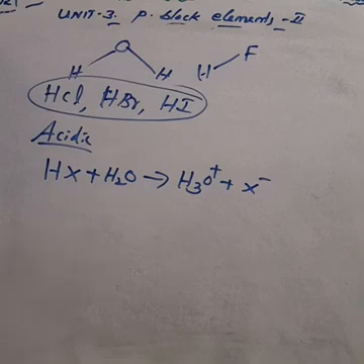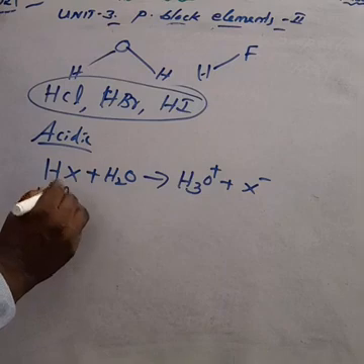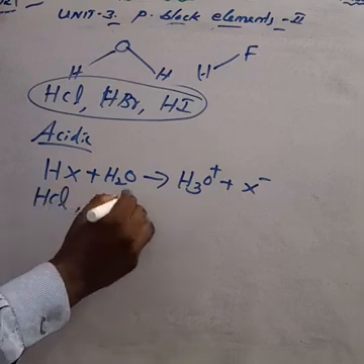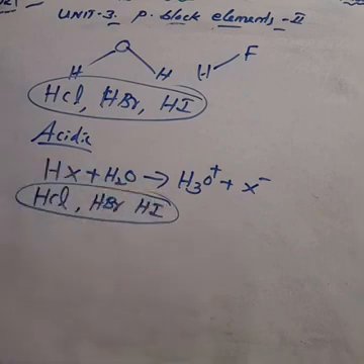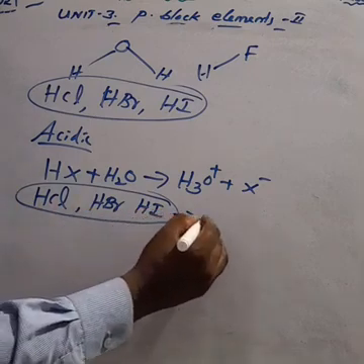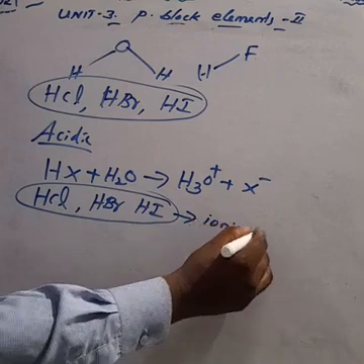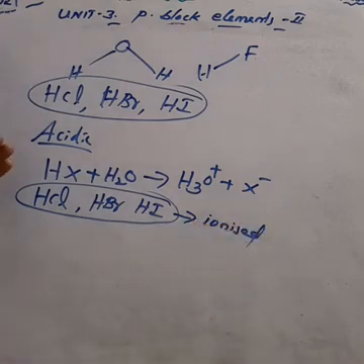Hydrogen halides are acidic and also known as hydrohalic acids, such as hydrochloric, hydrobromic, hydroiodic acid. These are almost completely ionized. Therefore, they are strong acids.